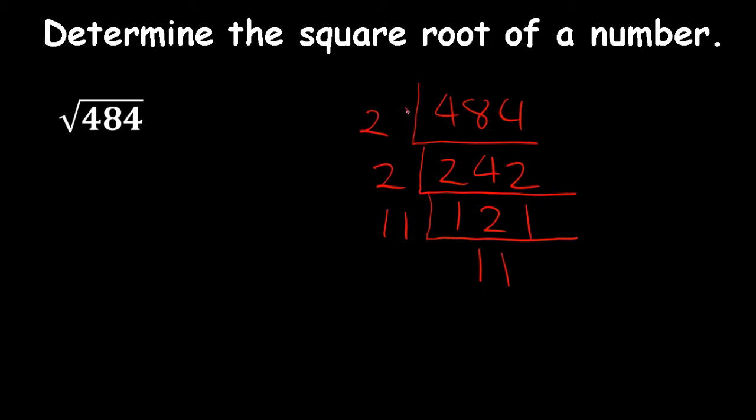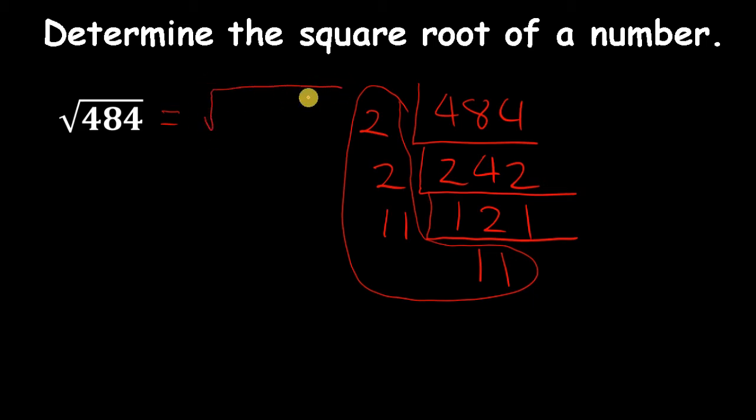Let us bring these prime numbers into their house. So 2 times 2 times 11 times 11. 2 and 2 is one pair. 11 and 11 is another pair. So 2 and 2 can go outside, and 11 and 11 can also go outside.